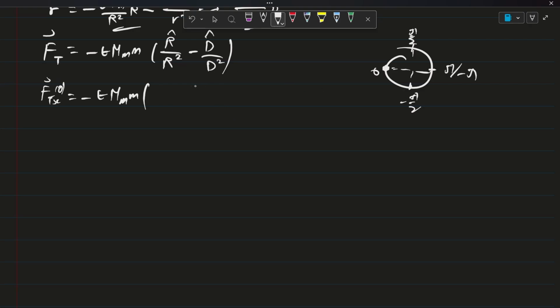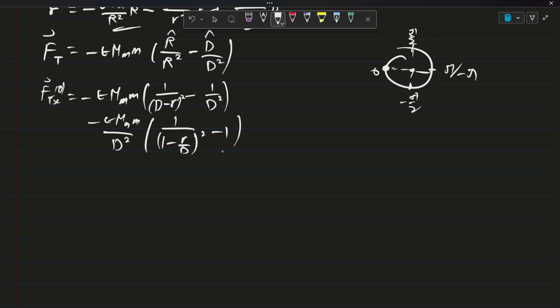And if you try to plug it in, it's 1 over r squared, where the distance is from here to here, so it's going to be d minus r, subtract that by 1 over d squared. We can try to simplify this further. We can take the d squared out: negative GMm over d squared here, and inside it will be 1 minus r over d, squared, subtract this by 1.